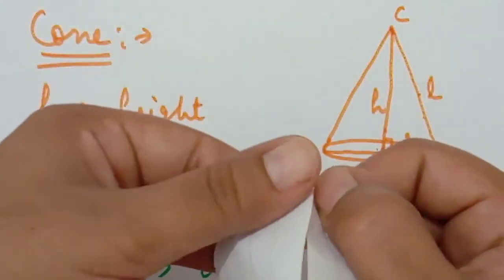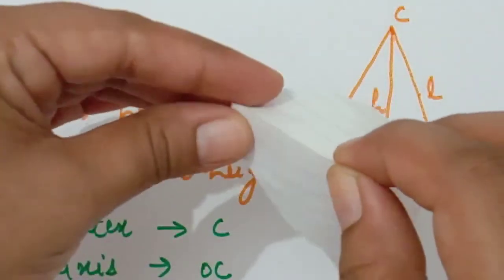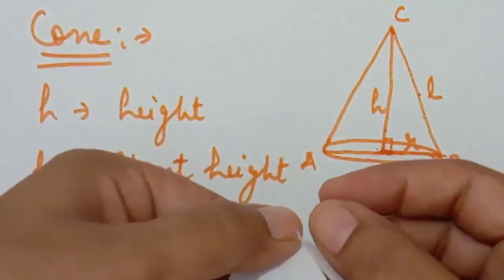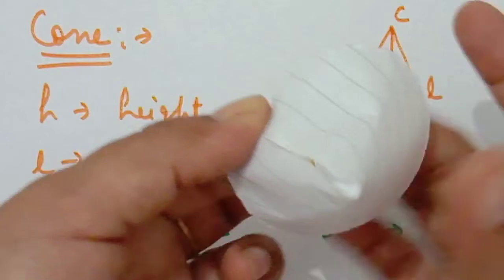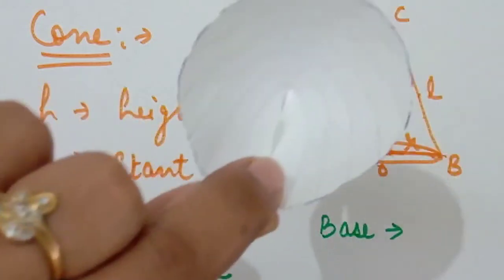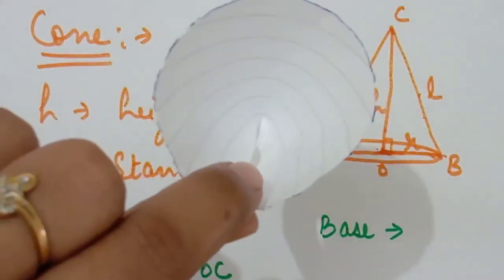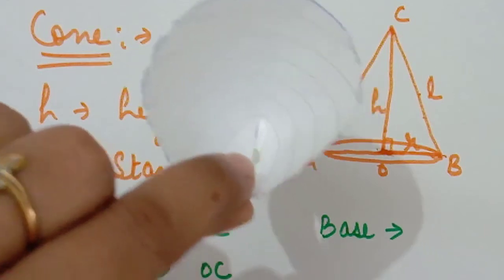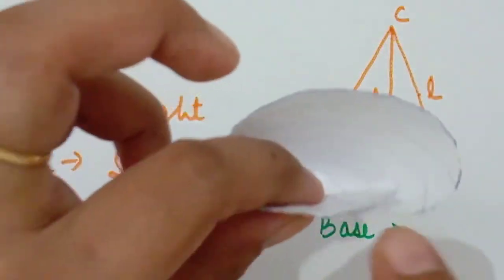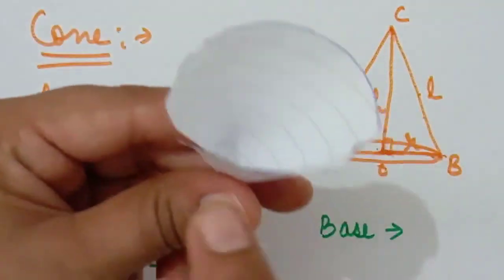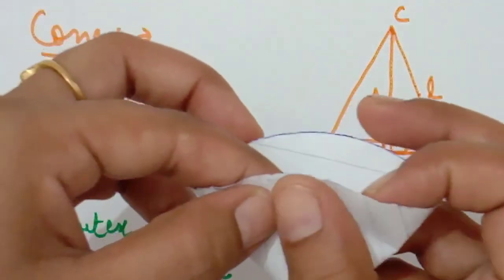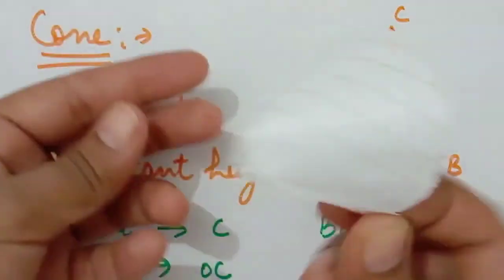When we paste these 2 points with each other like this, then it will be the shape of a cone. Most students are confused about the cone made with rough paper, because when double paper is present, it is not very easy to do the calculation properly. So when we take a cone like this, this is the base of the cone.